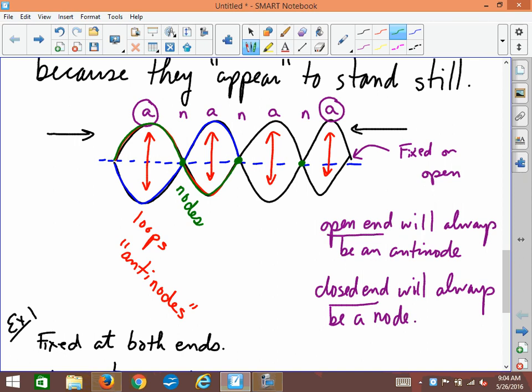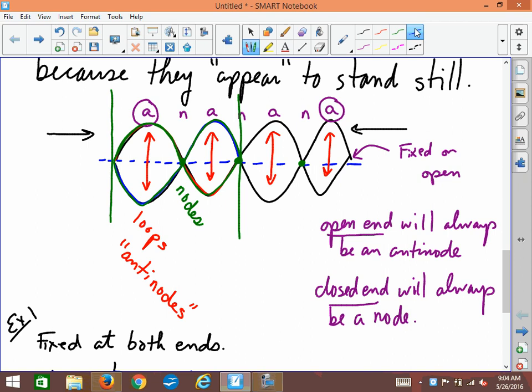A crest and a trough. So this distance right here is 1 lambda, wavelength. You'll notice that a lambda has 2 loops in it. There's a loop here and another loop here. So for a standing wave, a loop is always going to be half of a wavelength.